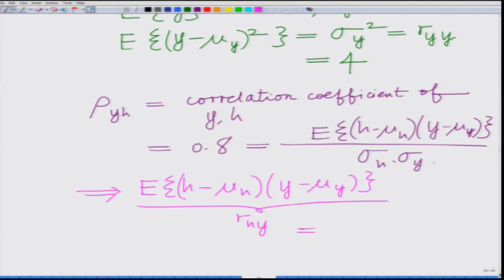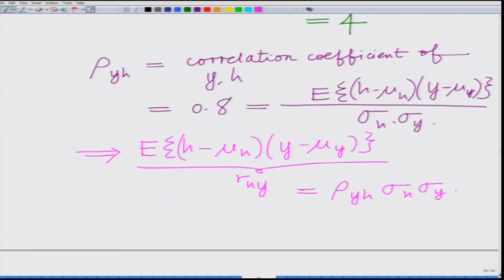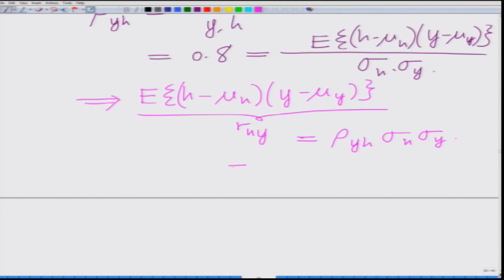This is nothing but rho y h times sigma h times sigma y. What is this? This rho of y h is given as 0.8, sigma h square equals 1, which means sigma h equals 1, sigma y square equals 2, which means sigma y equals 2. So this is 0.8 into 2, this is 4 by 5 into 2.